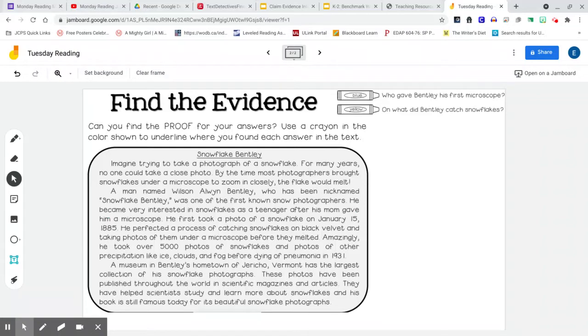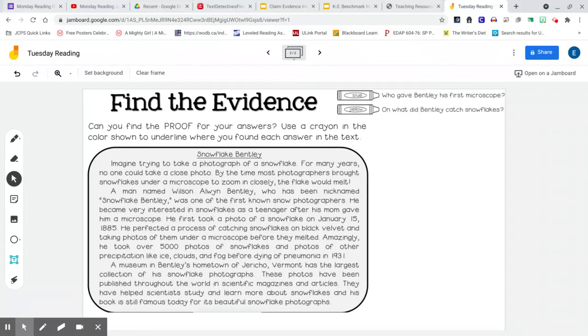He perfected a process of catching snowflakes on black velvet and taking photos of them under a microscope before they melted. Amazingly, he took over 5,000 photos of snowflakes and photos of other precipitation like ice, clouds, and fog before dying of pneumonia in 1931.